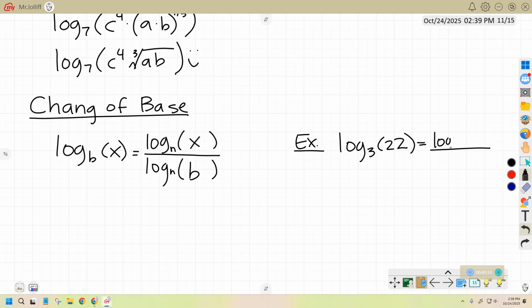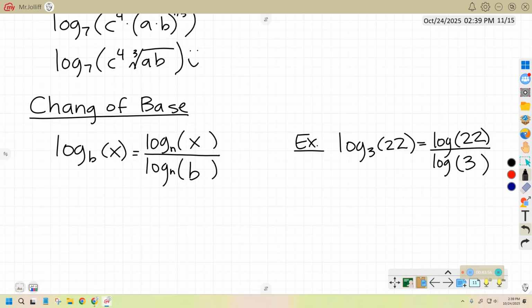So log base 10, parentheses, parentheses. And then I need to figure out which of those old numbers goes where. I've got a 3 and a 22. Which one of those goes in the numerator? The 22. Very good. Argument of the old log on top, base of the old log on bottom.